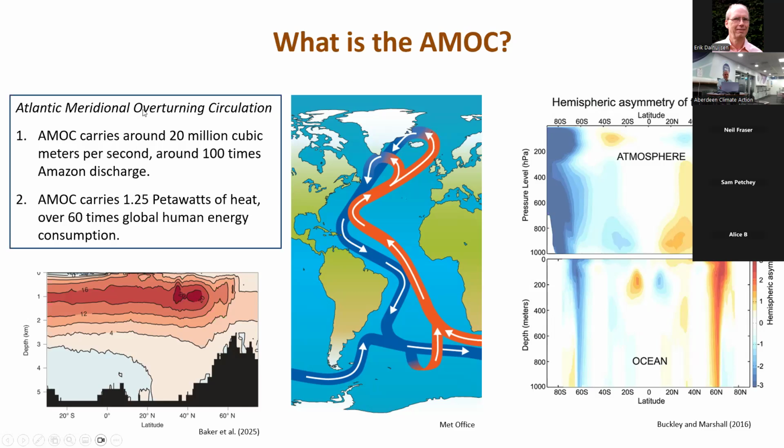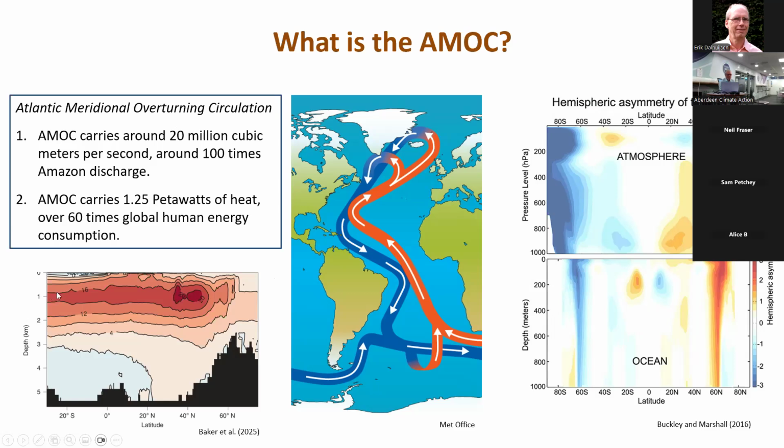Overturning, again, perhaps fairly self-explanatory, but I thought this figure in the bottom left really shows it quite nicely. We've got the depth of the ocean here on the y-axis, and then the x-axis here is latitude, not covering quite such a large range this time. We're looking side on into the ocean from the perspective of maybe Europe or Africa here.